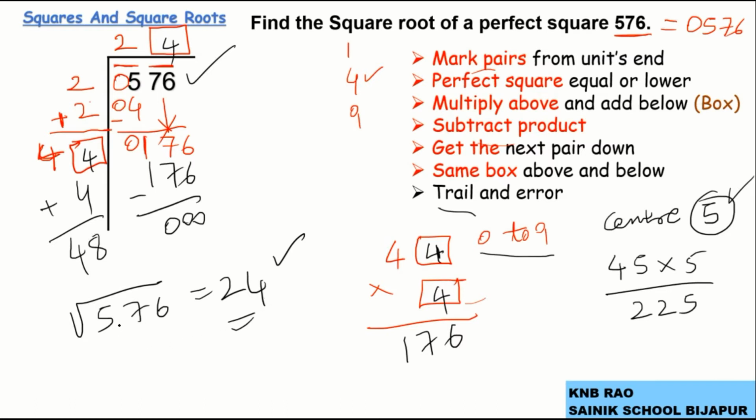So that's how we can find, and for an odd number of digits also it is easy because we fill 0 before the leftmost digit of the given number. That's it.